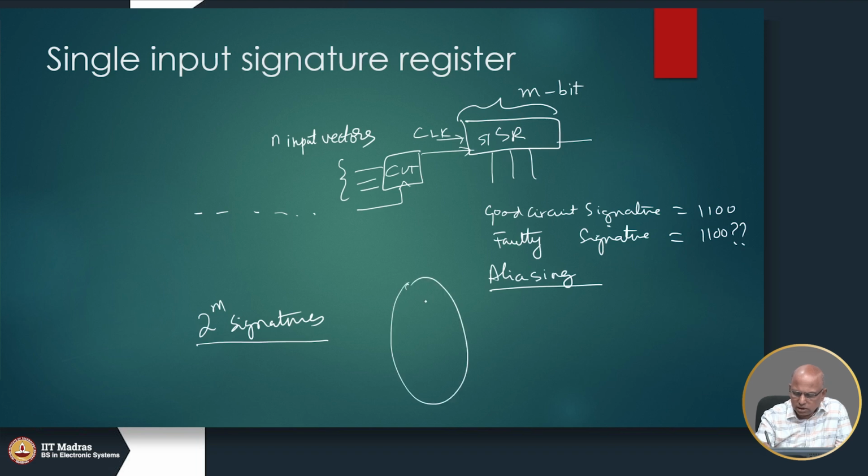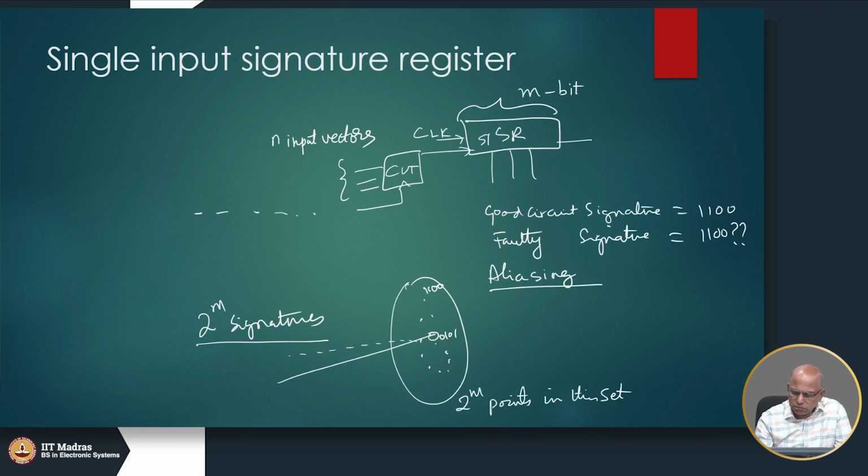There are 2 to the power m entries in this set. Each of them corresponds to a signature. Maybe this is 1100, this is 0101, and so on. Now the good signature is this. What is the chance that the faulty signature also maps to this?